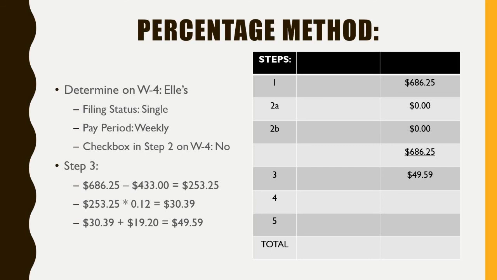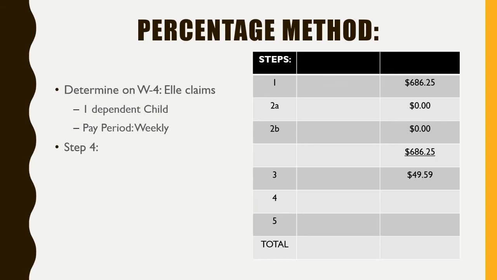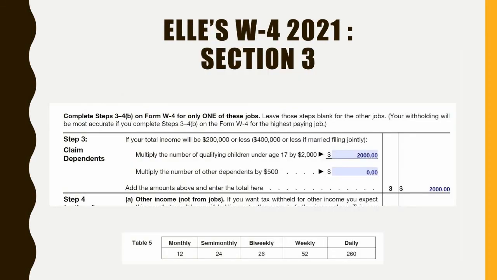Okay? Now that doesn't stop here, because now we need to claim our dependents. So in step 4, let's take a look. She claimed one dependent, so that means she has one child. Now we've got to take a look at her W-4 once again. So this is her W-4. She claimed one child, so that means she's subject to $2,000 already.